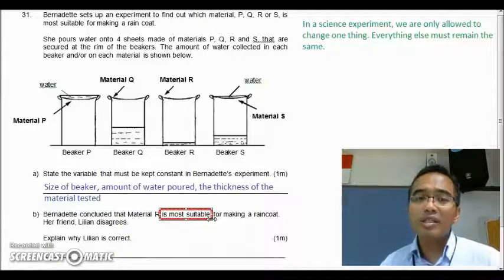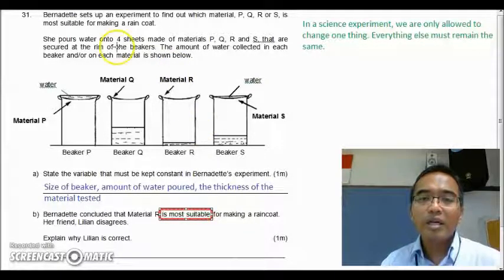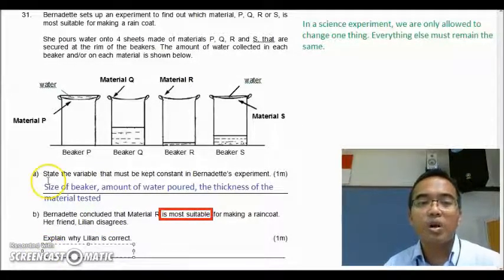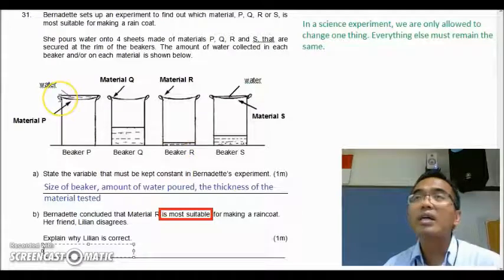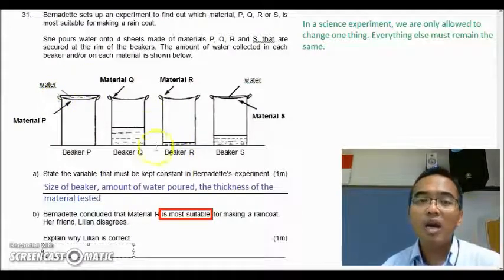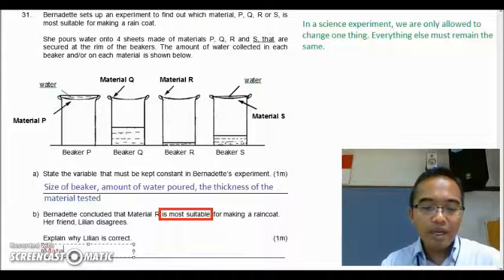So Lillian is correct. Why? Because she's comparing R with the rest. Now the rest here, P is the best, isn't it? So R is not the best. So you must say that material R... Janelle, can you say that again?